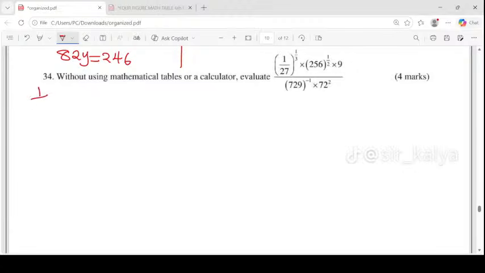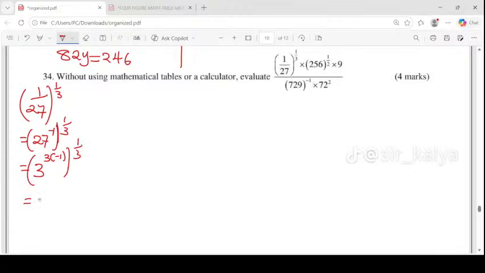I have 1 over 27 raised to power a third. 1 over 27 can be written as 27 raised to power negative 1, multiplied by a third. 27 can be expressed to base 3 as 3 cubed, times negative 1, all of this being raised to power a third.